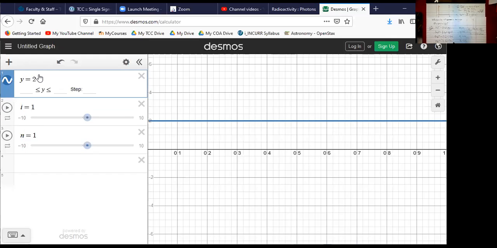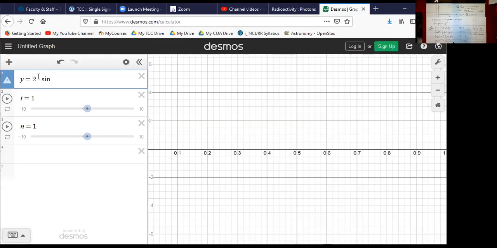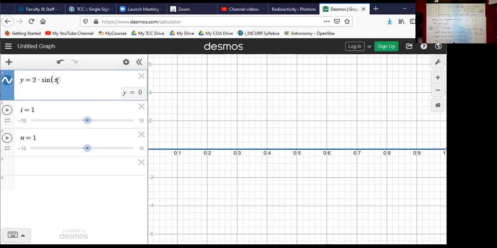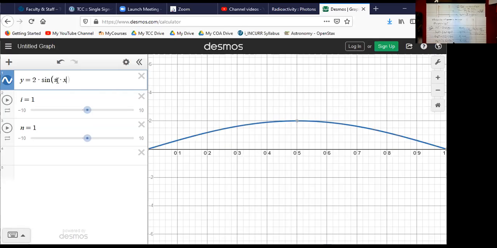So I've got a 2 times the sine of parentheses, in this case it's pi. Oh, pi went to the wrong place. It's pi times x. And again, it's divided by L, but the L is in fact just 1.